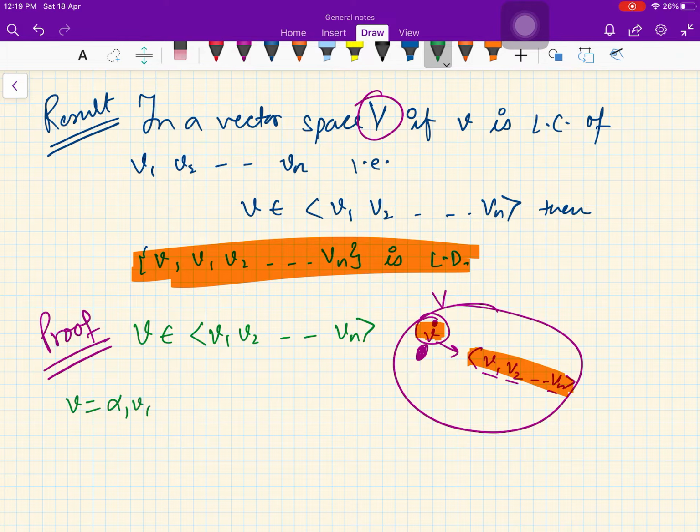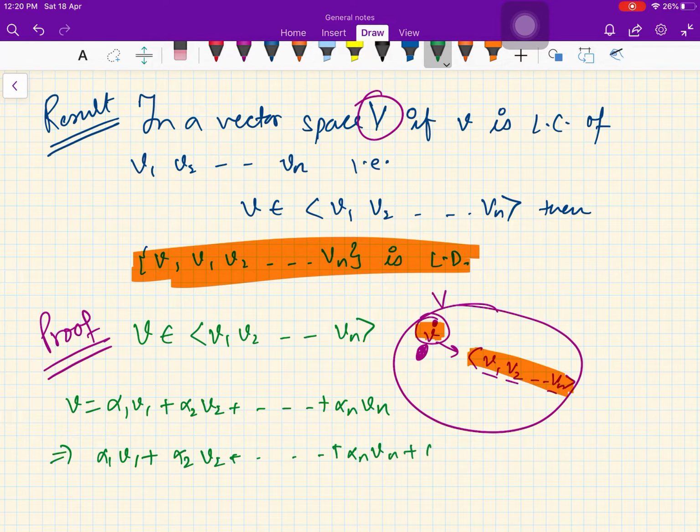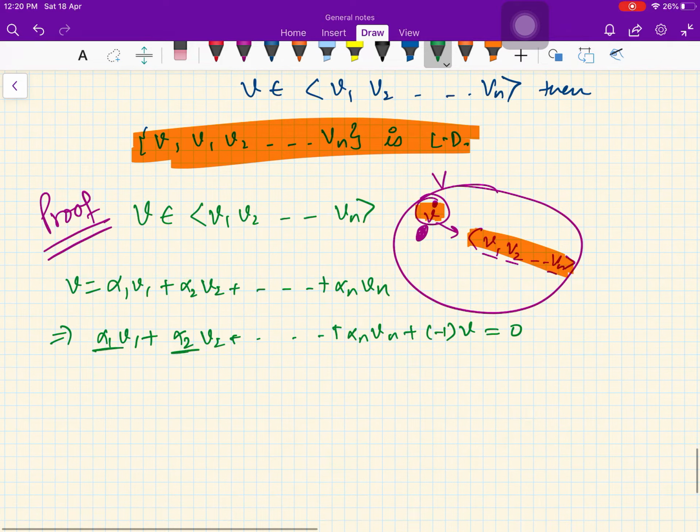V belongs to span of v1, v2, vn. It means that V is equal to alpha 1 v1 plus alpha 2 v2 plus so on alpha n vn. It means that alpha 1 v1 plus alpha 2 v2 plus so on alpha n vn plus minus 1 into v is equal to 0. So you have scalars.